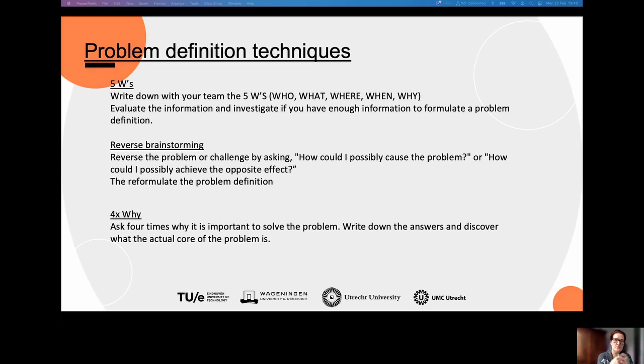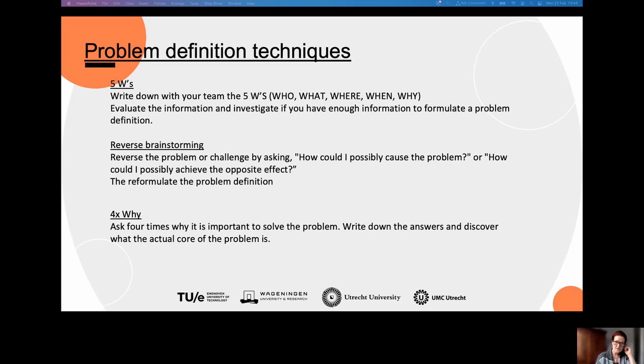And try to really use that information again to maybe formulate a problem definition or refine your problem definition. And it might also lead you to maybe more questions you want to ask your client or other stakeholders. So it's a way to really look at different perspectives on your problem.